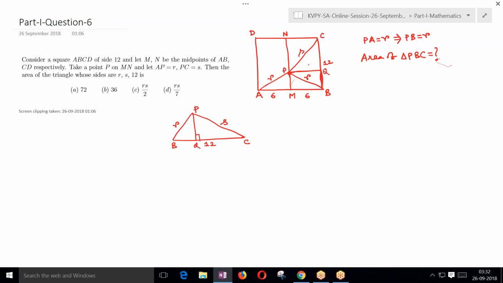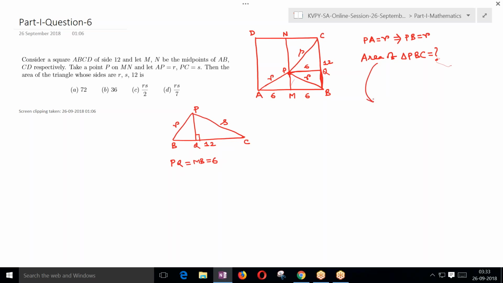Now what is the value of PQ? The value of PQ has to be 6, because as M is the midpoint of AB, so MB is equal to 6, so obviously PQ also has to be 6. So PQ is equal to MB is equal to 6. So what is the area of PBC then?